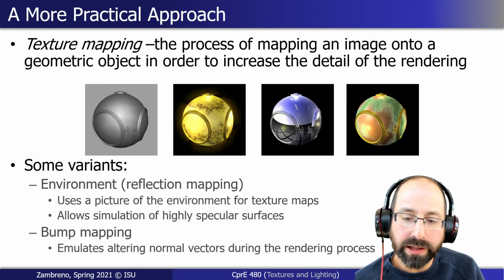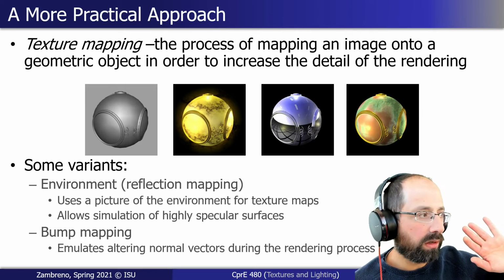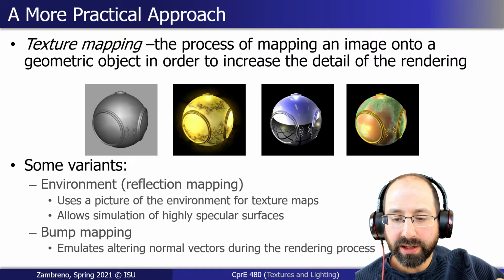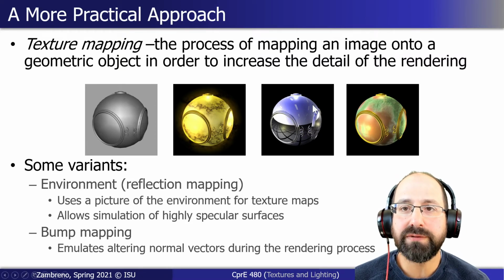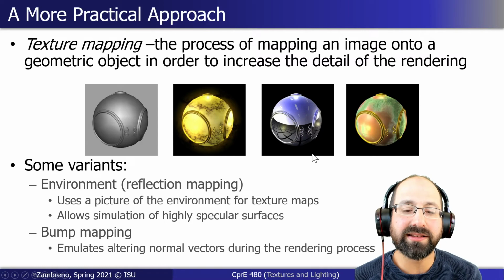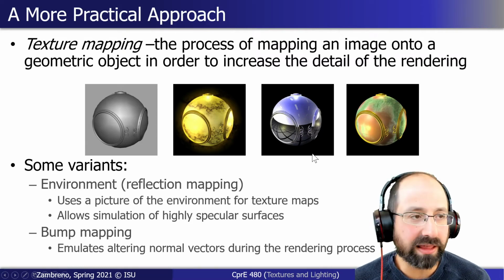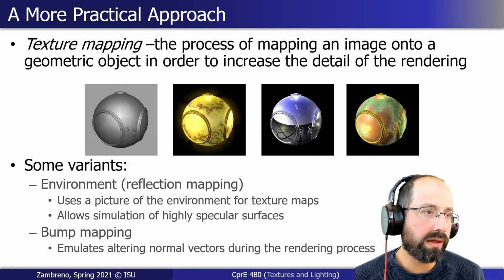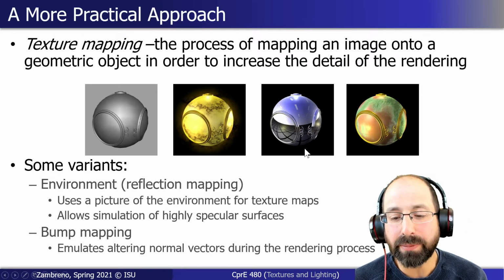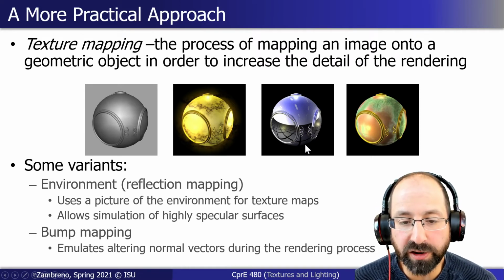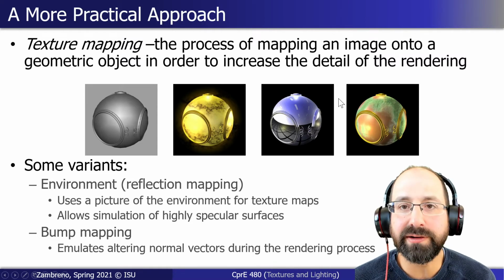And whether these things are truly offline or online really depends. There's nothing in this depiction of these additional three spheres here that tells us whether this is static or dynamic. The trade-off is really just one of performance. So this is an example of an environment map.